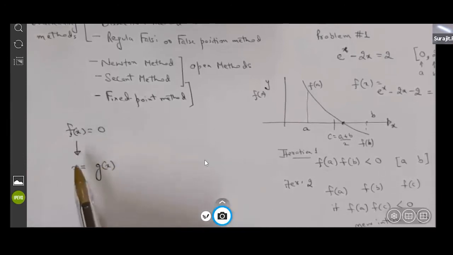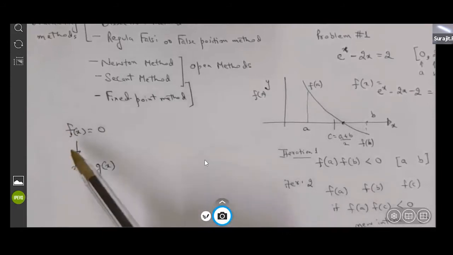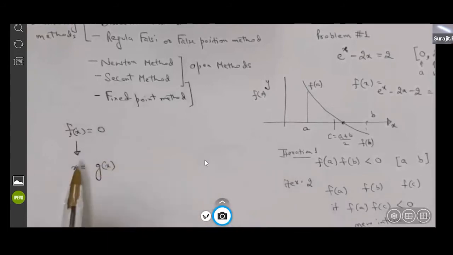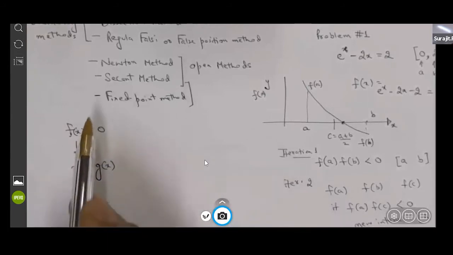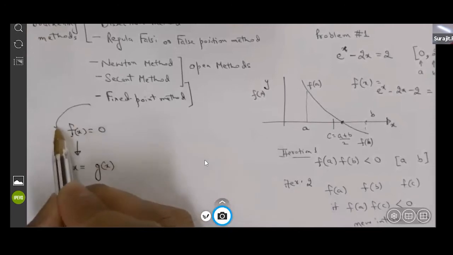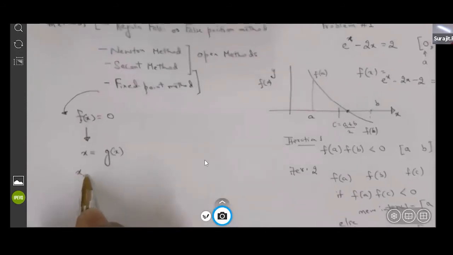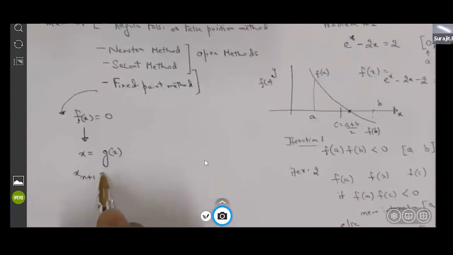I will take some examples and see how this is followed. What we have to do in the fixed point iteration method is rewrite this equation in this form.